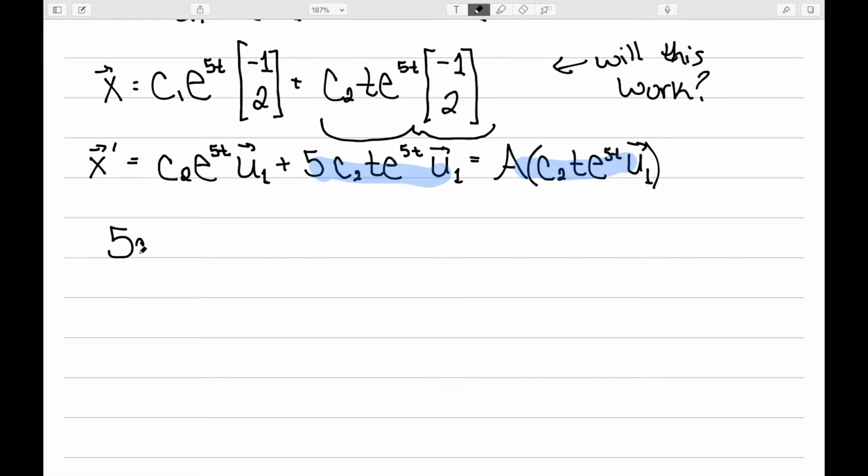I have 5c2t e to the 5t u1 is equal to c2t e to the 5t A u1. I can go ahead and divide through by c2 and t and e to the 5t.